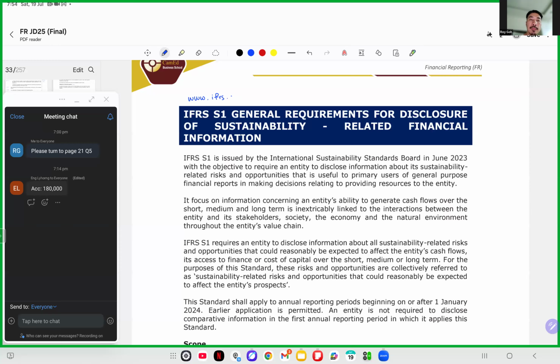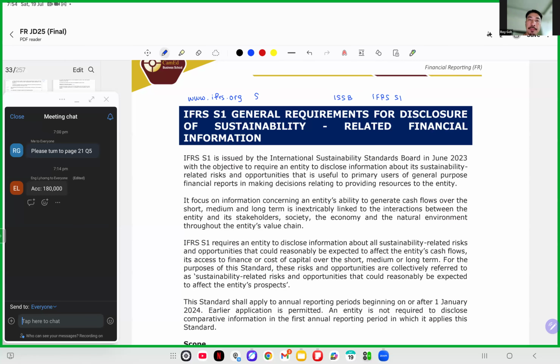IFRS organization, you will go to ISSB and they have IFRS S1 under sustainability.